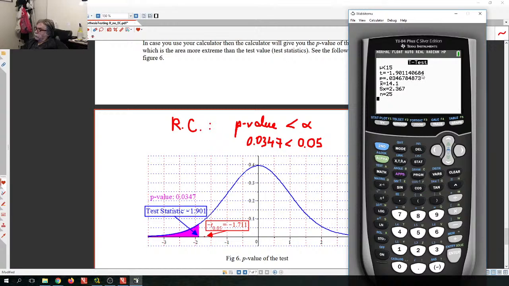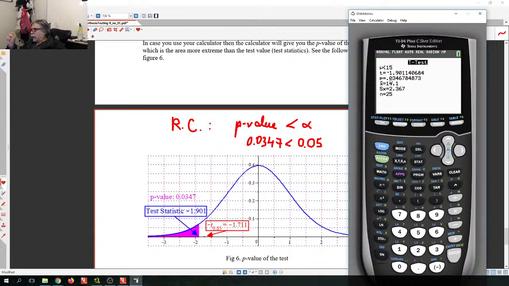Test value negative 1.901. I got the same thing here, only more decimals actually. The p-value of the test, this is not a p, it's not a proportion. We have no proportions here, right? I said already the calculator uses this p symbol, which is not a correct symbol to use.